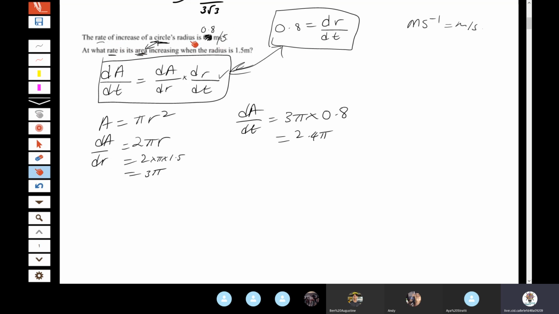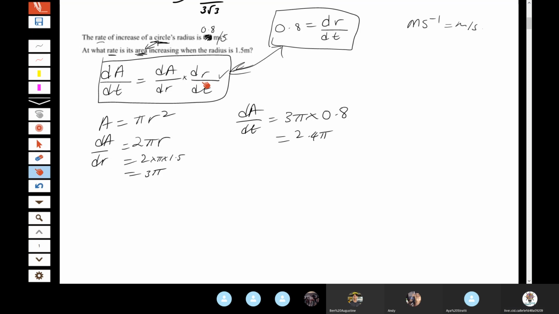When you're seeing meters per second, you're seeing radius, you're going, okay, dr on dt is 0.8. The question is asking, what is the rate of the area? So what is dA on dt? And the only way you can find dA on dt is by splitting it up with dA on, oh, I don't know what letter to pick. Well, this letter here is the letter you've got to pick. And then you go, okay, yep, that's dr on dt.